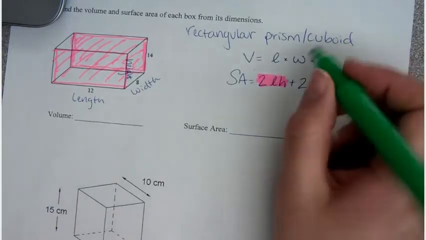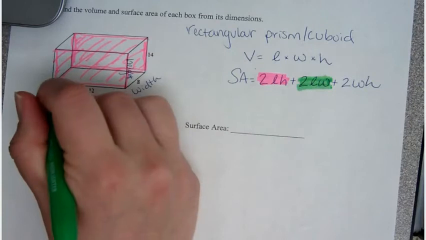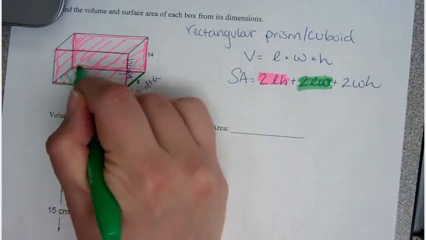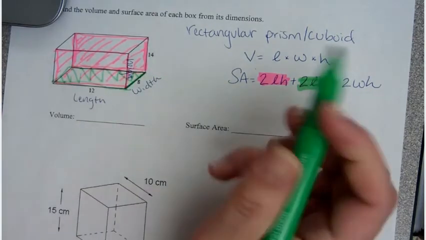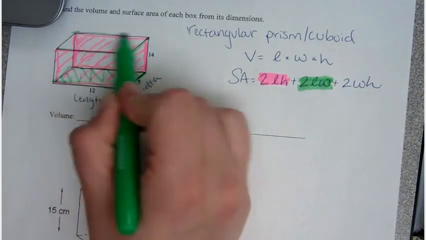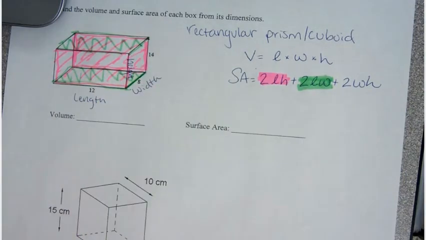Then we have two sides that should be our length times our width. Our length, remember, is right along here, and our width is over here. So this is like the bottom and the top of our little prism. So there's the bottom, and we've got the length and the width up here, and that's the top. Okay.